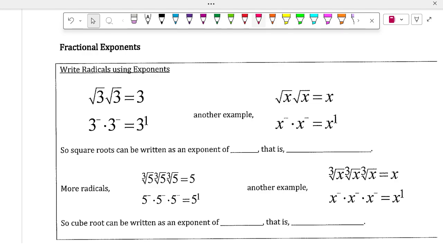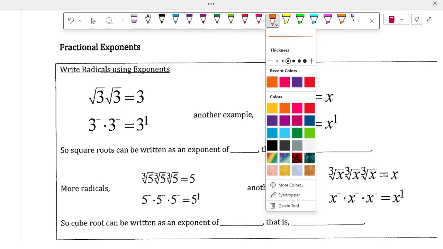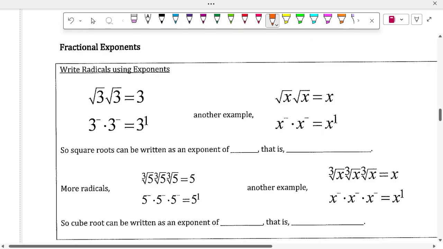So, fractional exponents. Now, we discussed multiplying radicals in the last unit. So, they have here the square root of 3 times the square root of 3, which is 3. Why is that true?